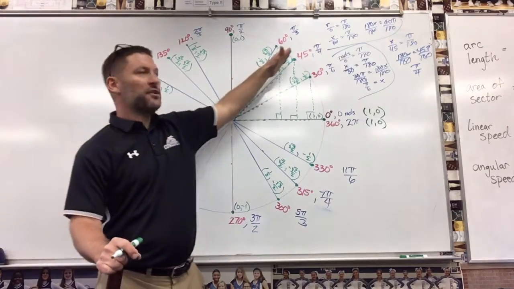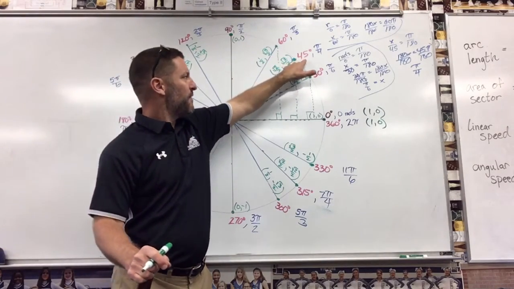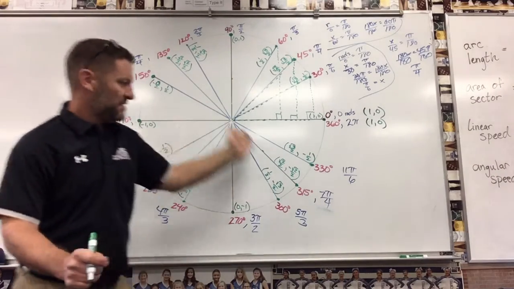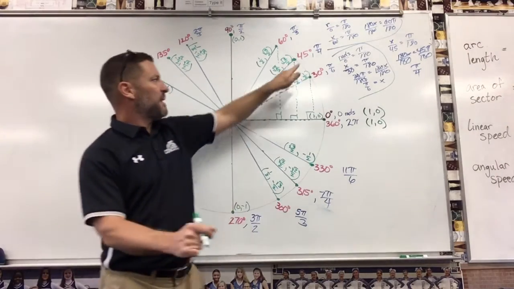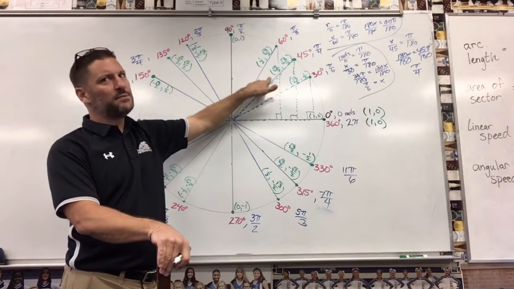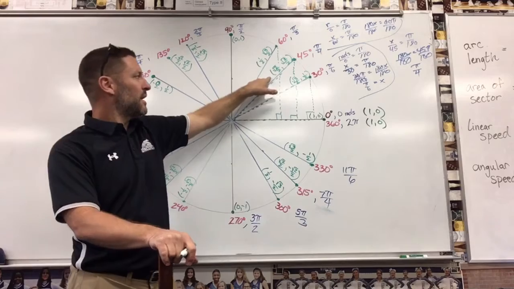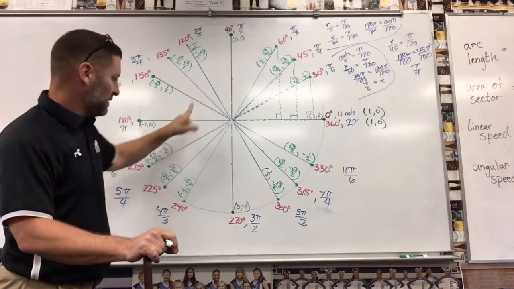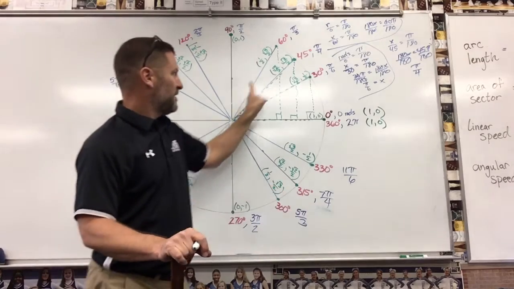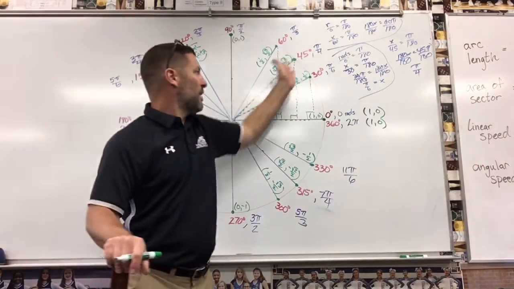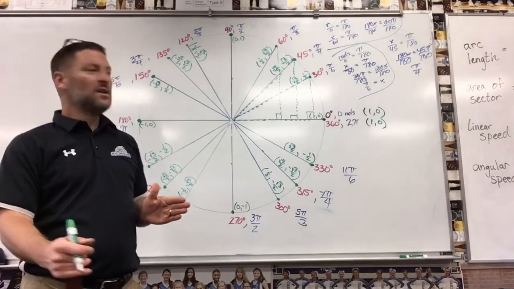Your 45-degree angle spots are your pi over 4s and your root 2 over 2s. It shortcuts everything. So everywhere there's a 45, I have some root 2 over 2 values, and everywhere there's a pi over 4, I still have the root 2 over 2 values.